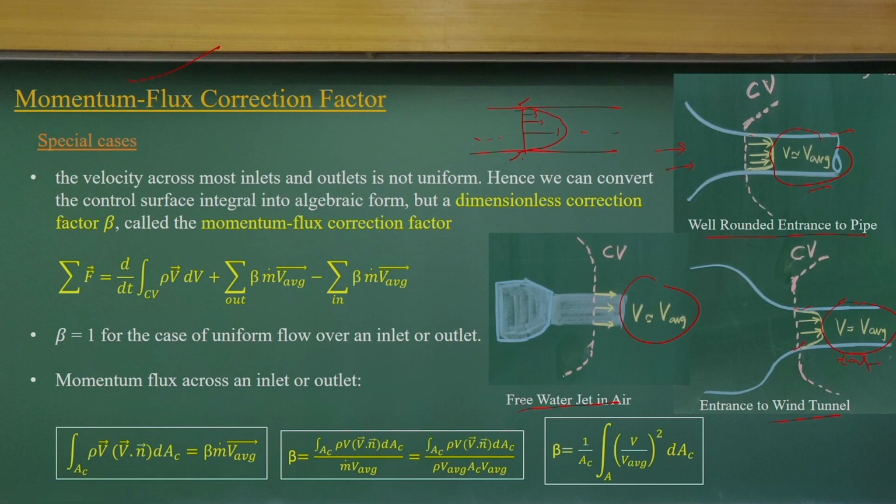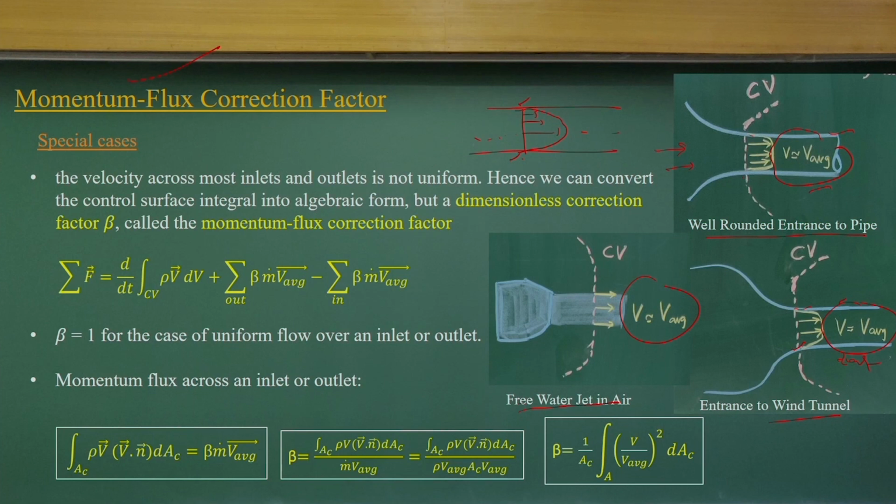In that case, as the velocity is not uniform, we need a correction factor for computing the momentum flux if we compute it using the average velocity concept. That is what you should try to understand.